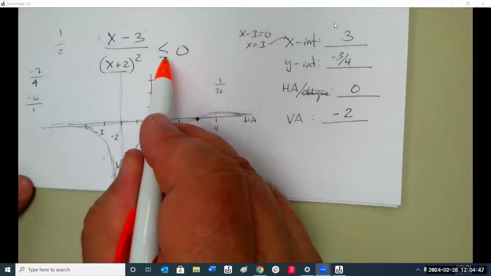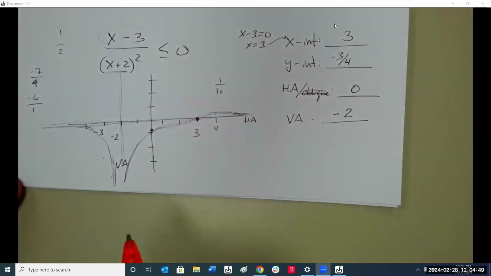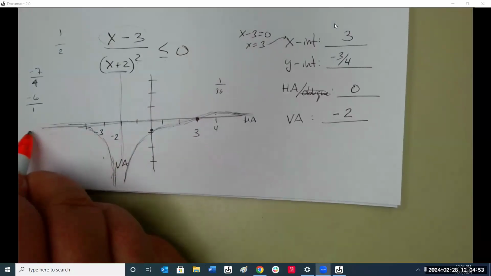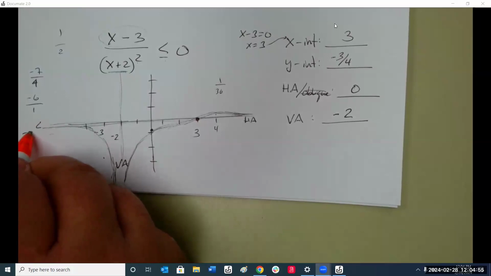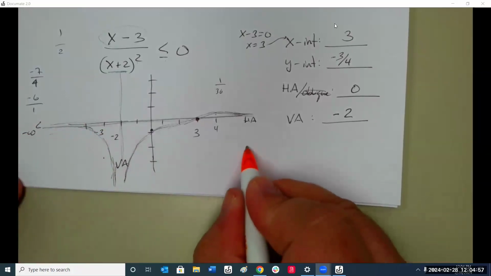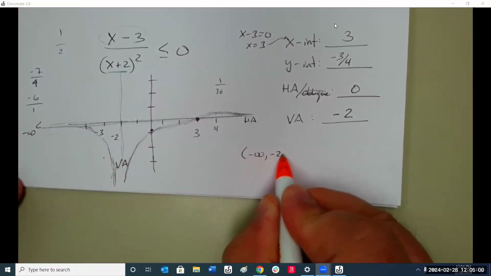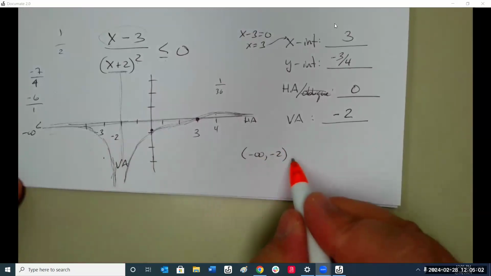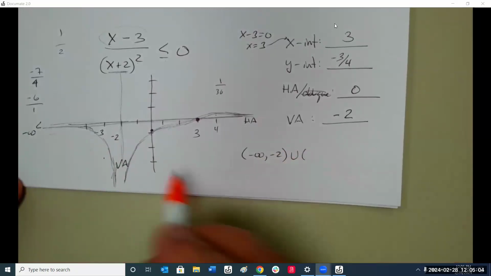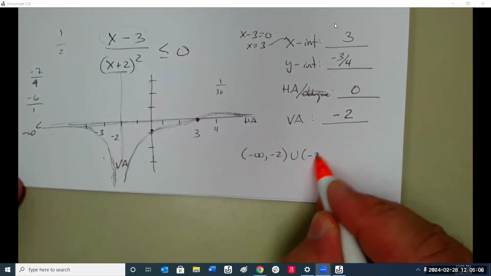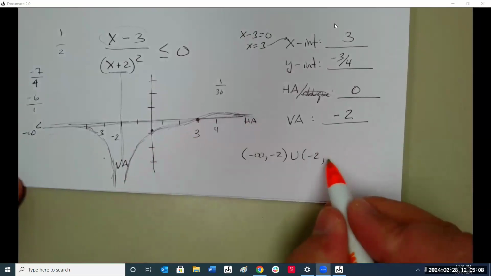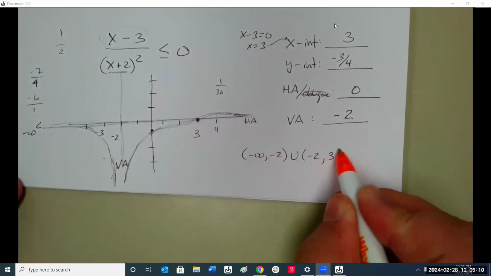So we're looking for everything less than or equal to 0. The graph is less than 0 from -infinity to -2, and then from -2 to 3.